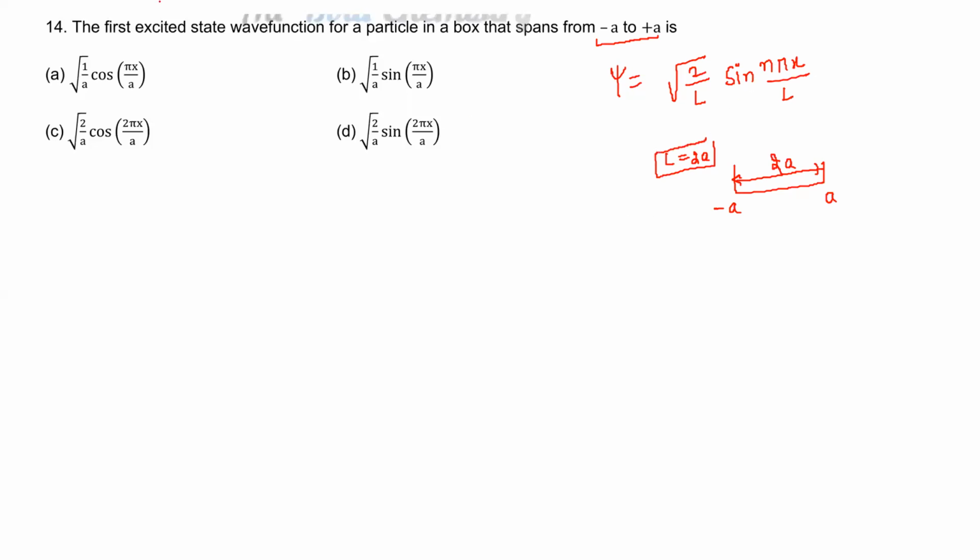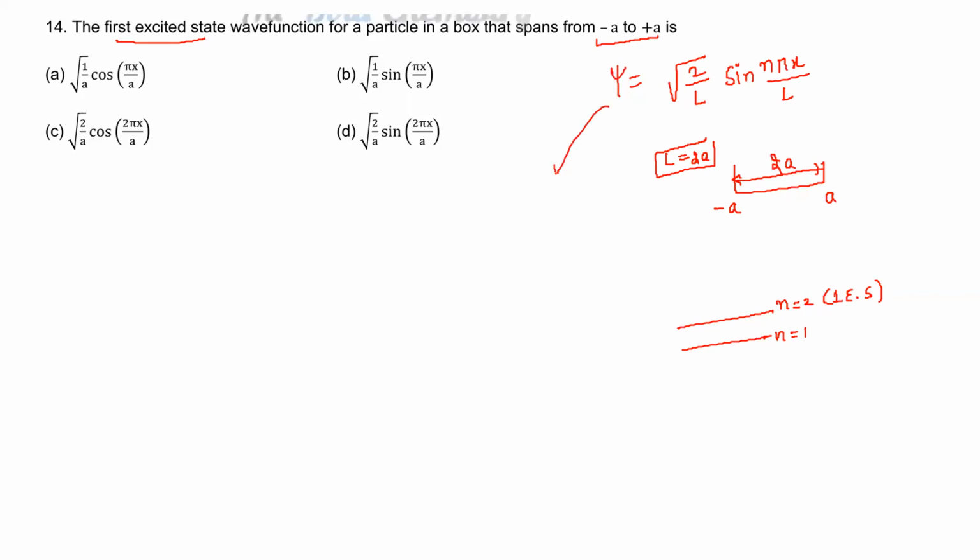And it is mentioned first excited state. So what is the meaning of first excited state? You know, this is the ground state, and ground state is considered as n equals to 1, means n equals to 1 corresponds to ground state and n equals to 2 corresponds to first excited state. So this is our first excited state. So that means n value equals to 2.